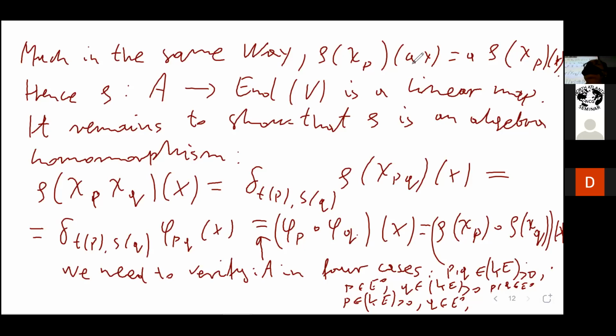I think that you use it when you write phi PQ applied to x, because otherwise you need to understand it as 0 if x does not belong to it. So take x in V_{t(Q)}.